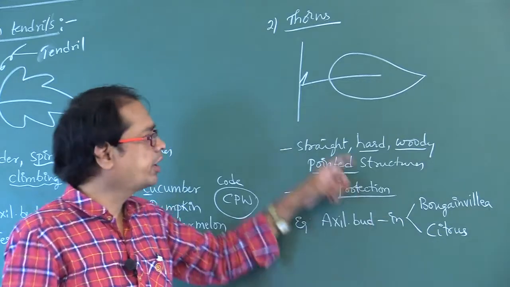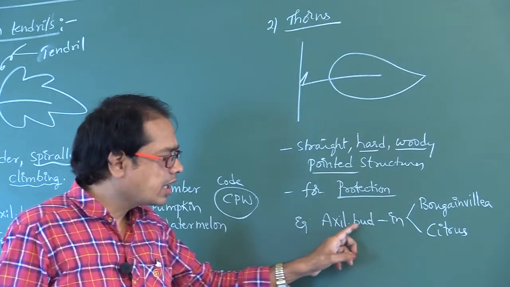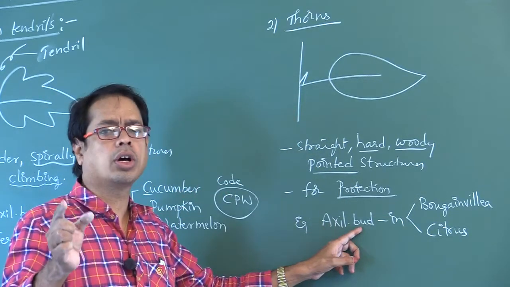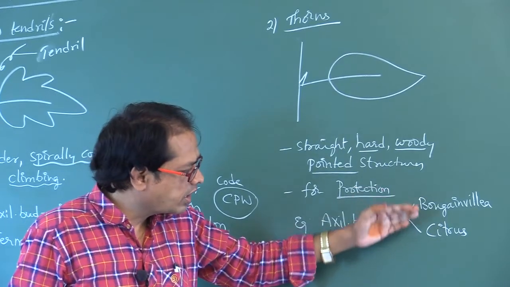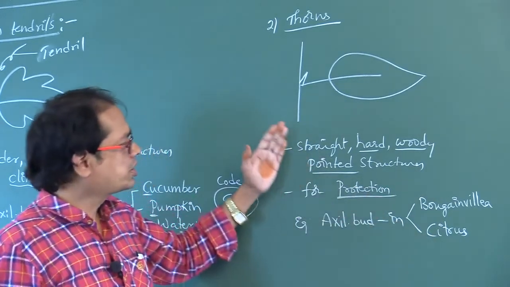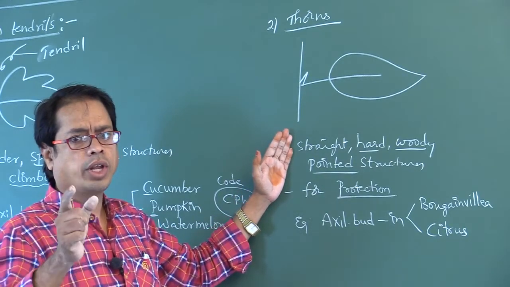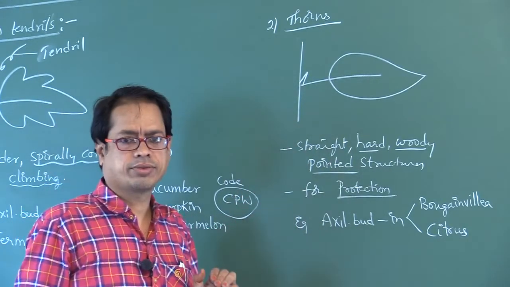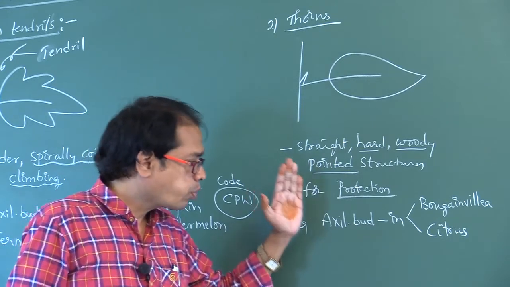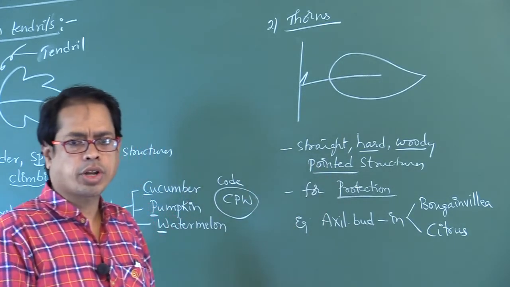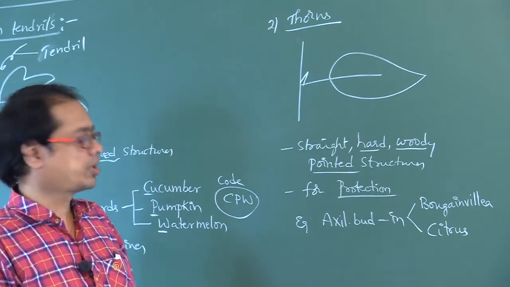The axillary bud is modified into a thorn in both. So what is a thorn? It is a straight, hard, woody, pointed structure. These are useful for protection from grazing animals.